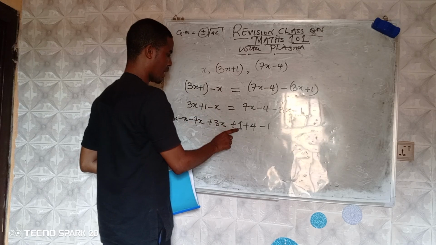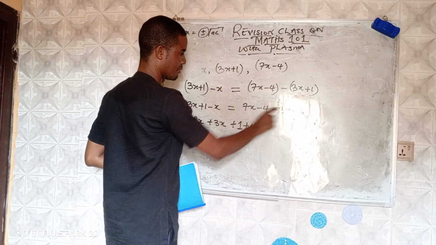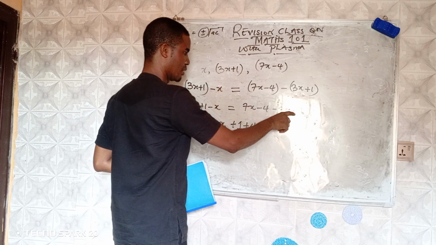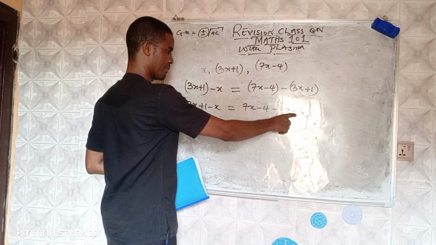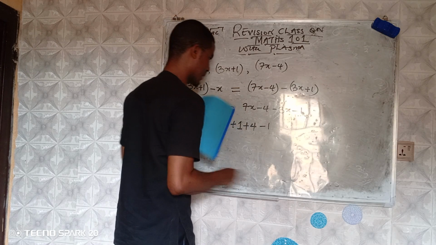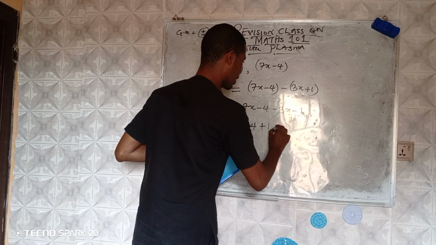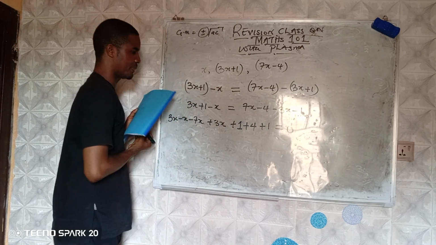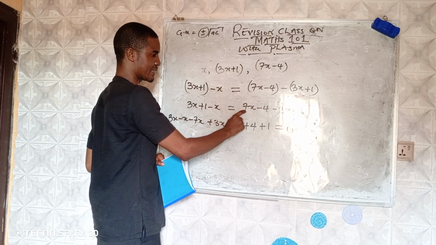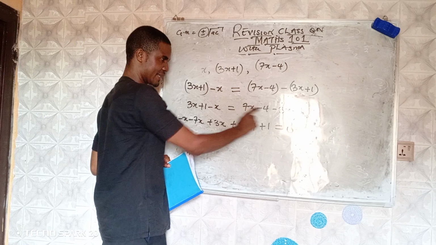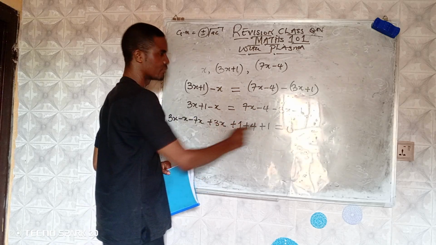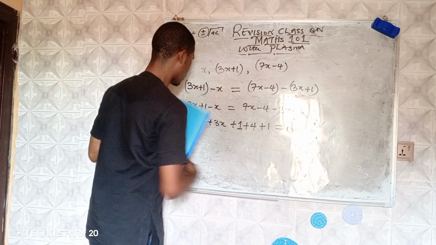Then plus 1 plus 4, that is coming over this side, plus minus 1, which will now come over here, becoming plus 1, all equals to 0. I believe you understand that we brought everything here.